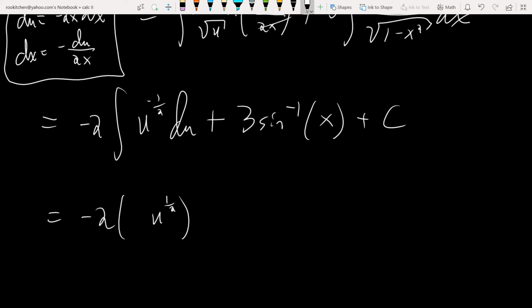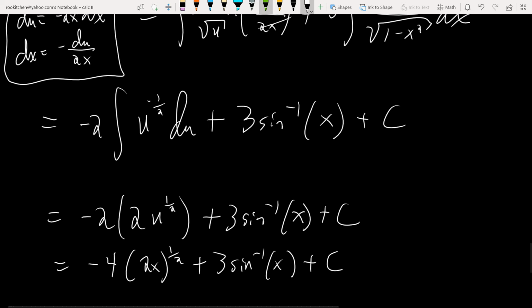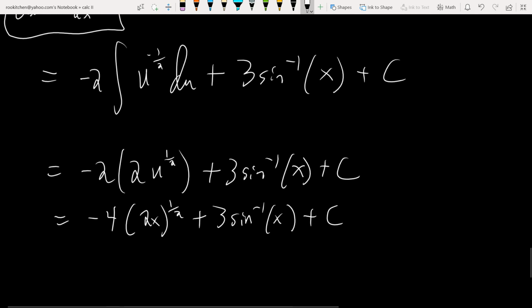Negative 1/2 plus 1 is 1/2, times the reciprocal of 1/2 is 2, plus 3 sine inverse of x plus c. And finally, negative 4 back subbing for u is 2x to the 1/2 plus 3 sine inverse of x plus c. Oh, sorry, my back sub was wrong. It's 1 minus x squared. Sorry.